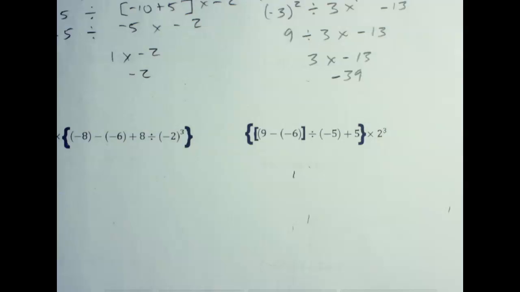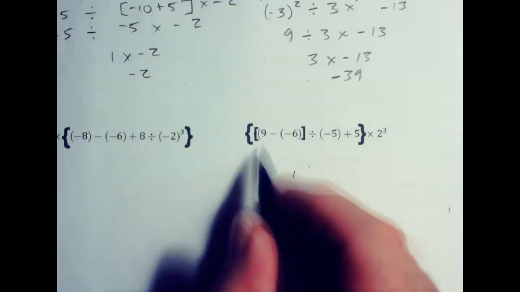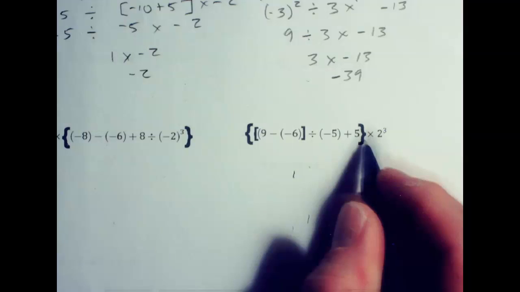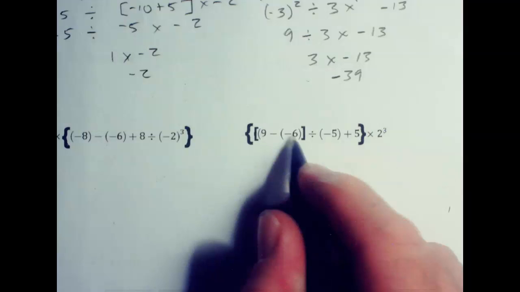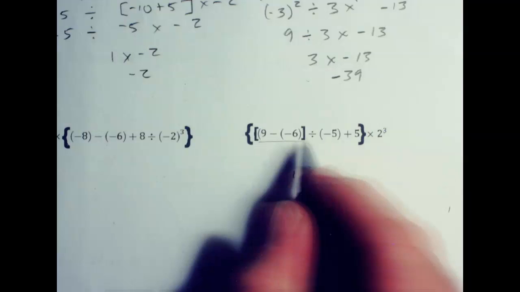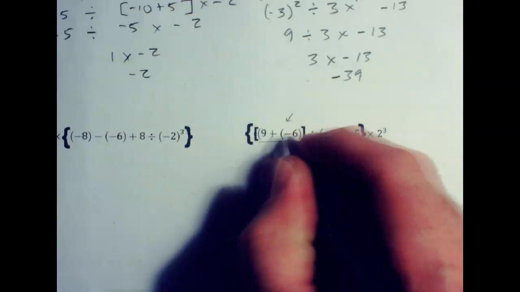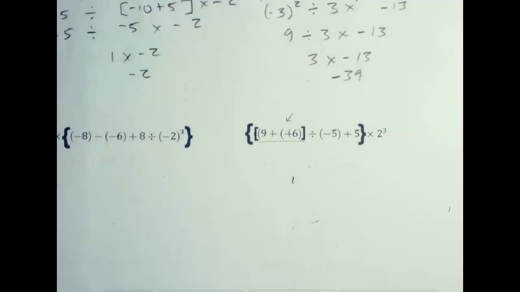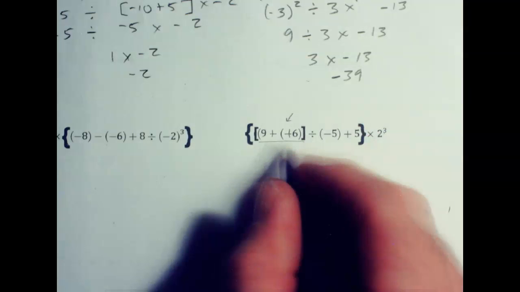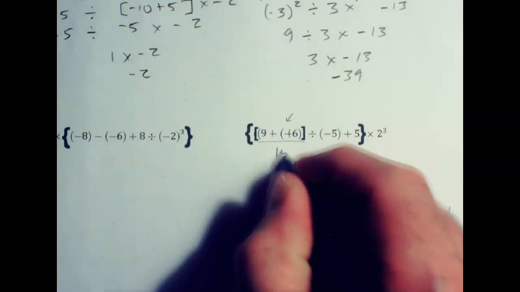I know you're saying there's really 3 kinds, but well, first we're going to go inside the largest set of brackets, then we're going to go down and find the smallest set of brackets within it, which is this. Now keep in mind, we're not really counting these parentheses as brackets, they're just used to distinguish positive and negative. So first of all, I notice that this is a double sign, so I'm just going to take care of that. So inside there, I just have to do 9 plus 6, which is 15.